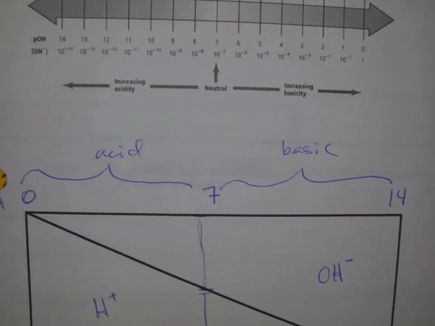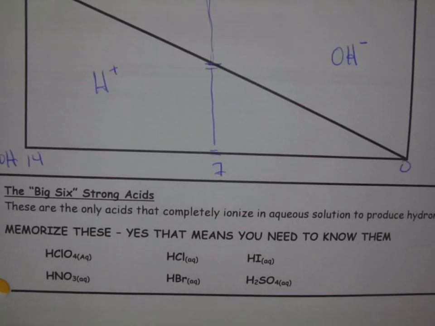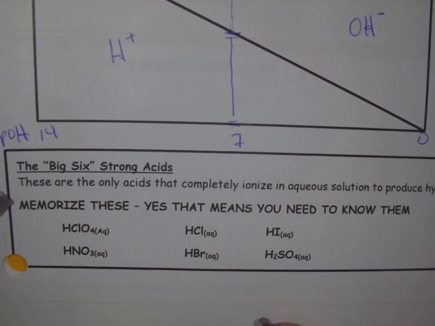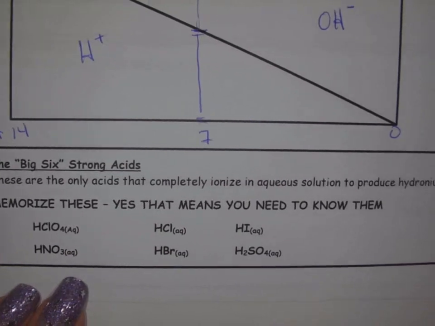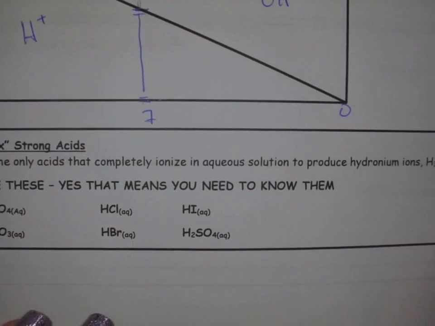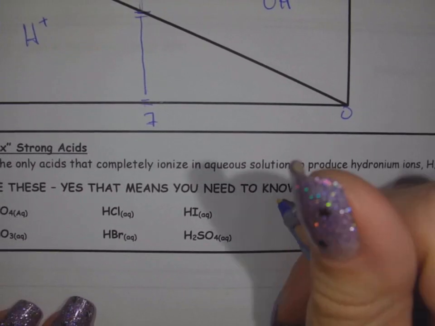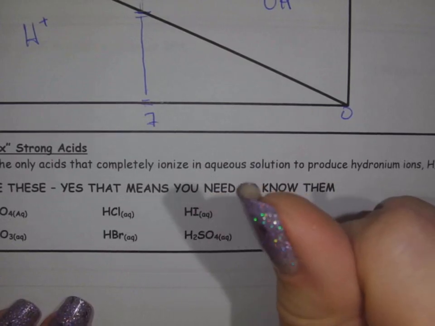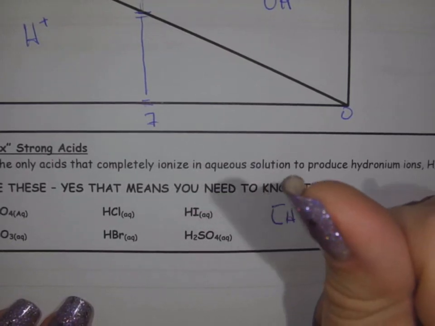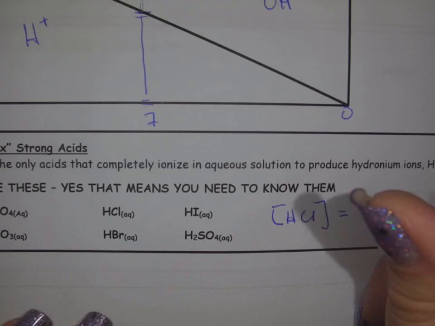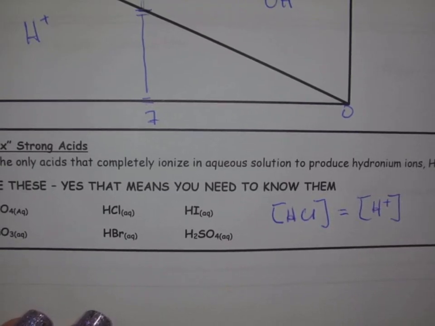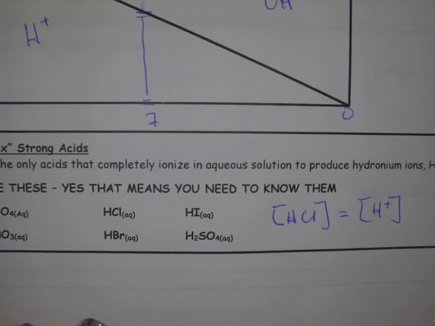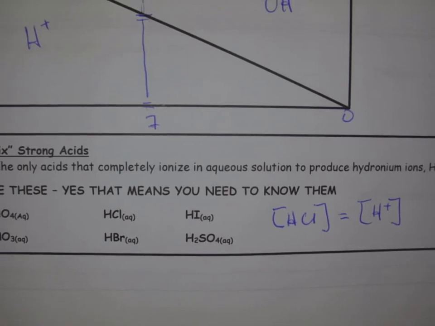Okay, back to what I was telling you before. These are the strong acids. You need to have these memorized. You need to know as soon as you see one of these that it is a strong acid. That means that whatever the concentration is of any of these strong acids, it is equal to the concentration of H plus, or equal to the concentration of hydronium, because they all completely dissociate.